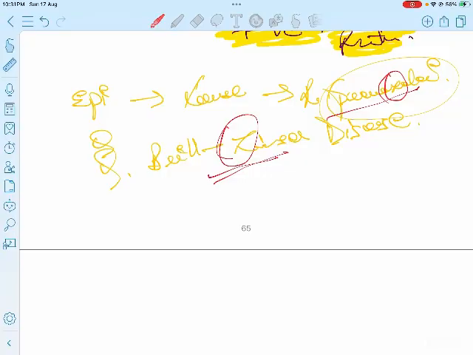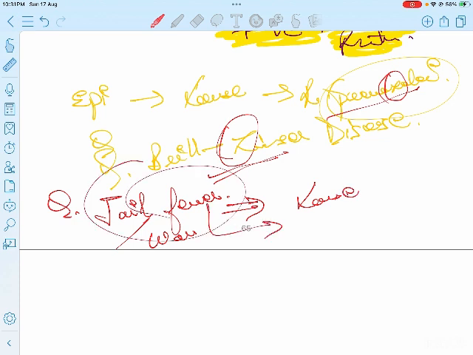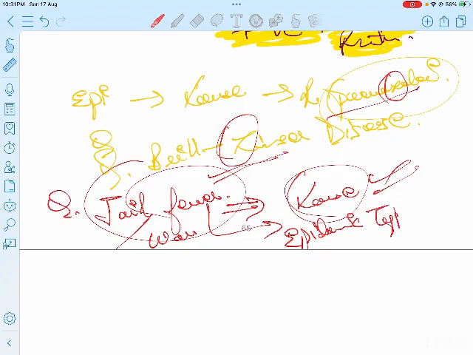Then many times you are also given in the question the history of jail. Whenever there is some history of jail or any war given in the question stem, your answer would be epidemic typhus because of the unhygienic conditions. Louse is involved in unhygienic conditions, so it causes epidemic typhus.